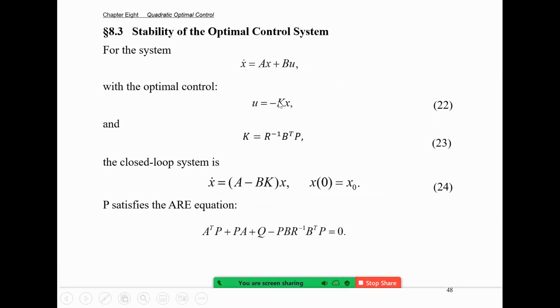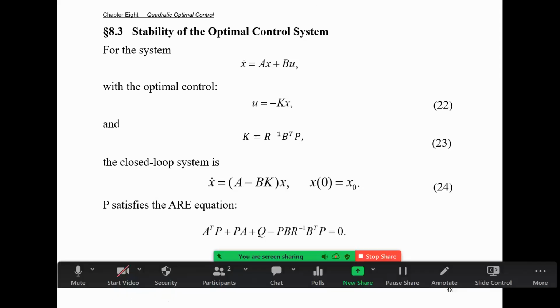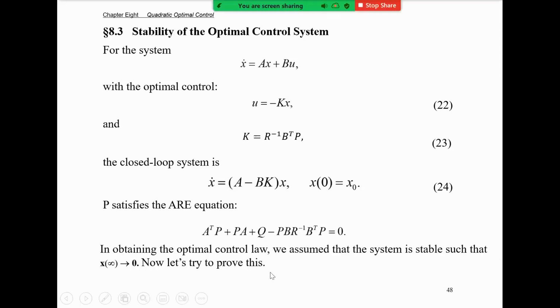So we have this system. We apply the optimal control, we use this controller, and then this is the closed loop system. We know P satisfies this algebraic Riccati equation. Now we want to prove that x will go to 0 when time goes to infinity.